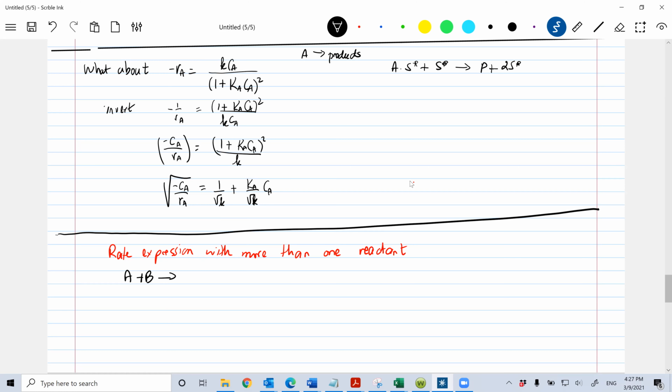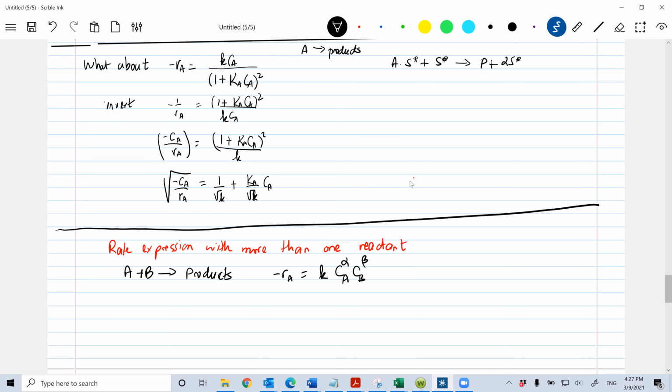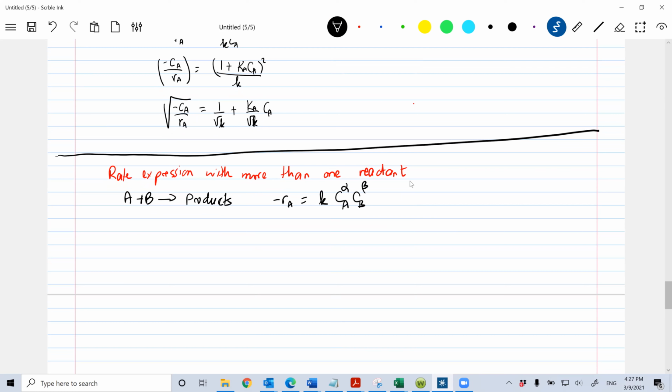So let's say you have this reaction going to products. It's only one direction, and then you have minus RA equals K CA^alpha CB^beta. Now you need to set up experiments, like I mentioned earlier, where in one experiment B is constant or in excess, so it's one of those two, and then A is varied.